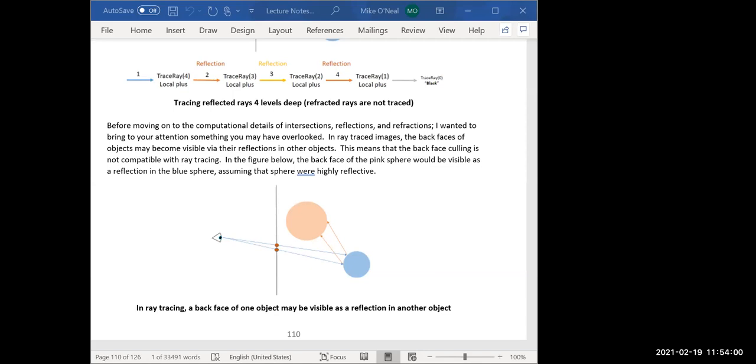If I'm allowing ray tracing in this environment, because there can be mirrors, I can't just throw away the back polygons. I have to keep up with them. Pain, all right? But hey, it looks really nice. That's why we're doing all of this.